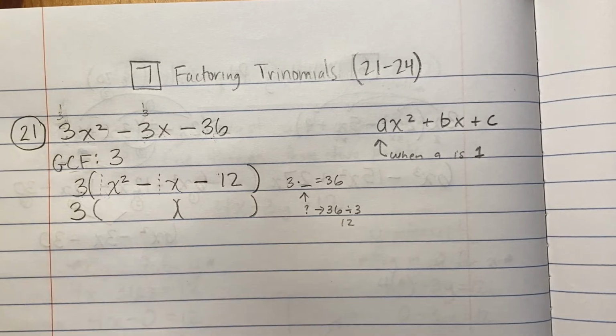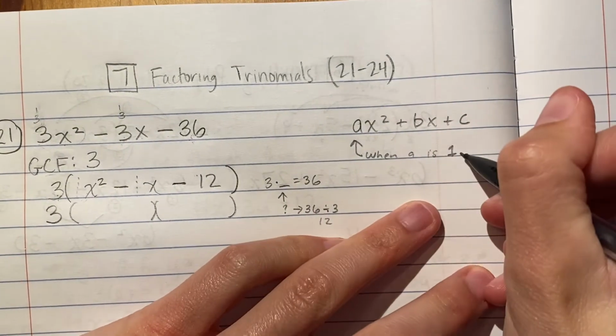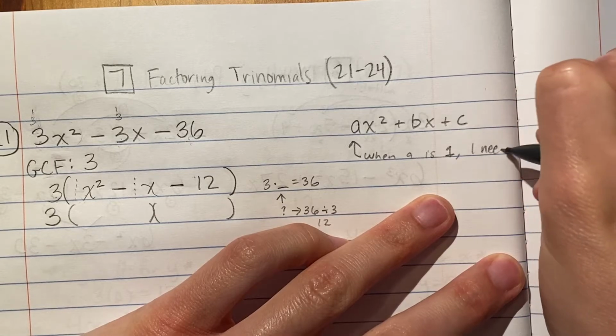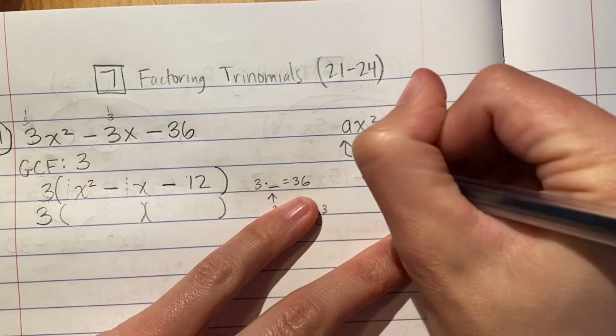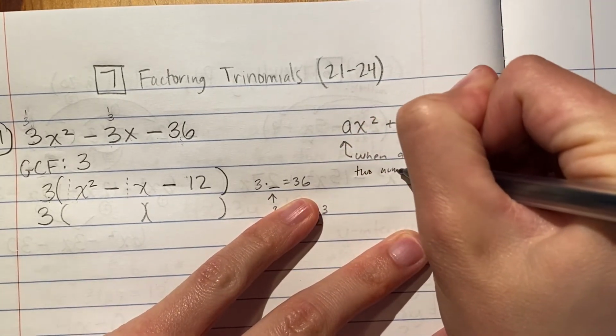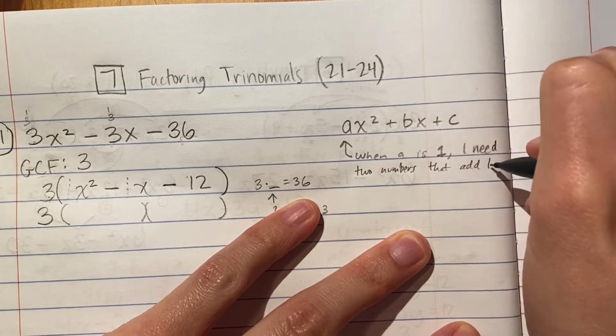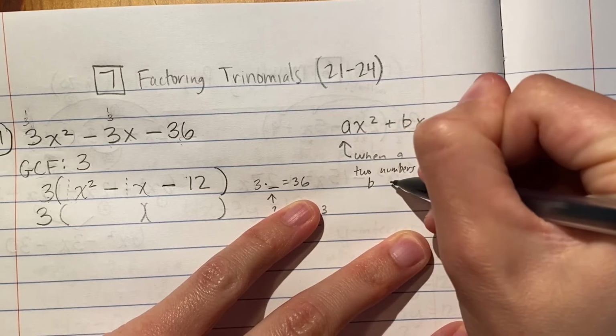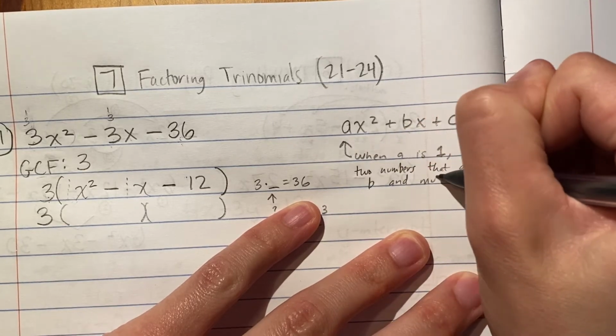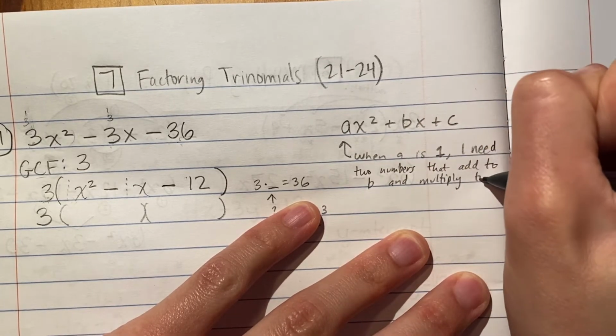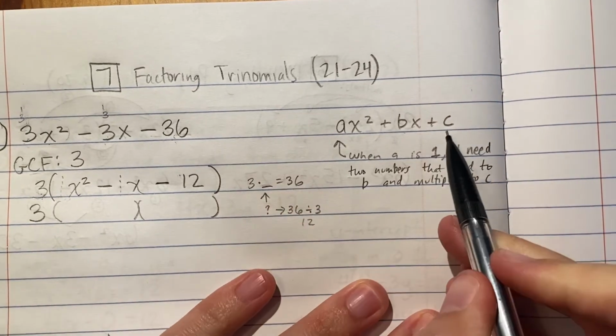If there's no a there, it's 1. Remember what I need: 2 numbers that add to b, this number, and multiply to c, this number, right?